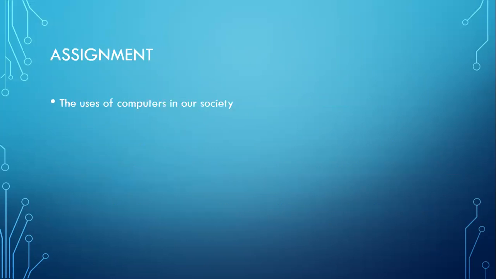Our today's assignment will be, can you go and find out the uses of computers in our society? To sum up our today's lesson, can we state what we have learned or what we have understood in this class?